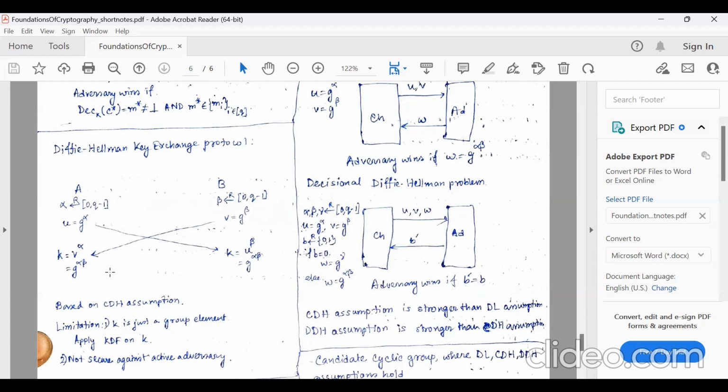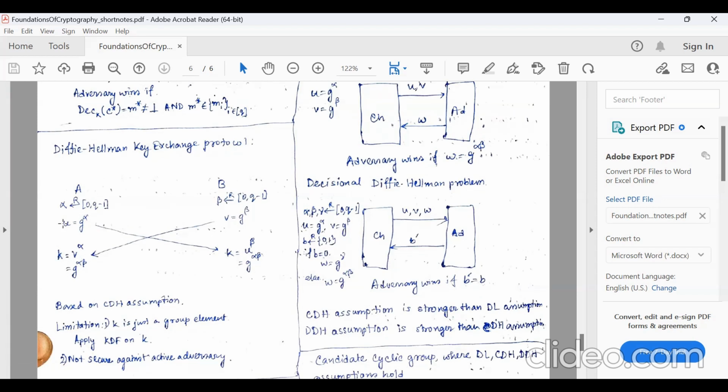Of course, the group description is publicly available, but then the two parties A and B each individually choose their own secret alpha and beta from the space 0 to q minus 1, and A sends g to the power alpha through the public channel to B, and B sends g to the power beta through the public channel to A. Then A, upon receiving g to the power beta from B, will raise that element to the power of alpha, which gives g to the power alpha beta.